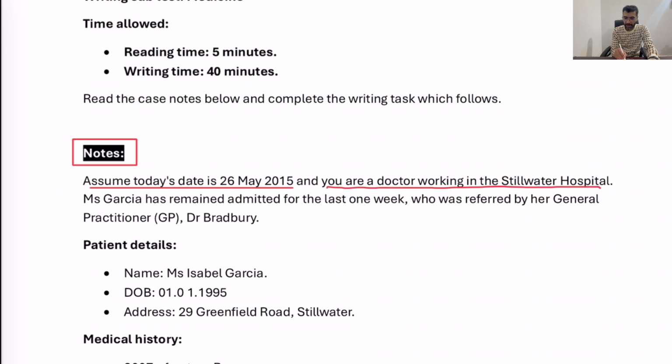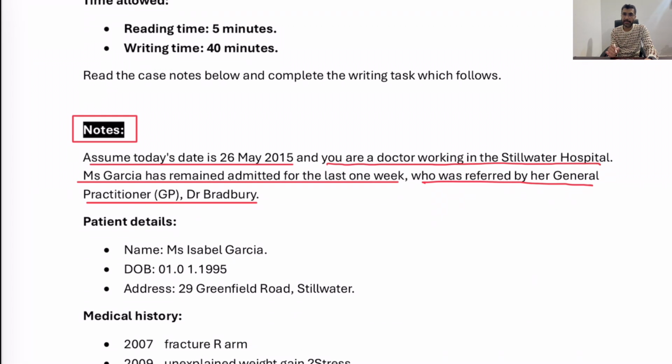Miss Garcia has remained admitted for the last 1 week, who was referred by her general practitioner, Dr. Bradbury. Dr. Bradbury is the general practitioner, the GP, to whom we are writing. From here onward, I will only select the content which is relevant and important for this letter, and I will cross the information which is irrelevant.